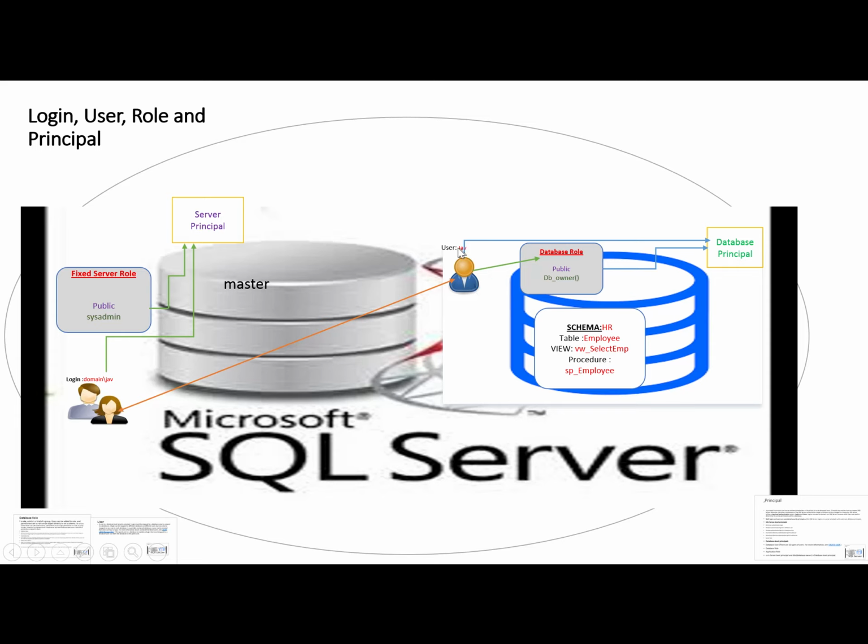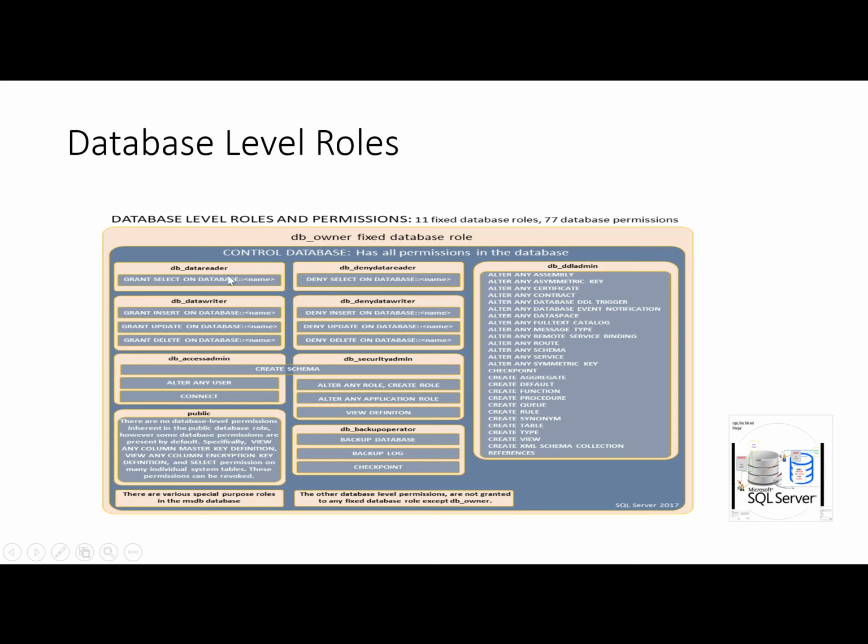This user at the database level is assigned some roles at the database level. These database level roles and this user at the database level are known as the database principals. Many kinds of database level roles exist.